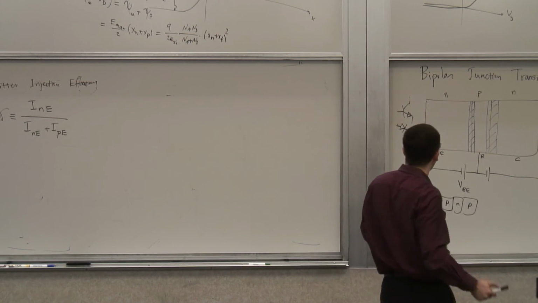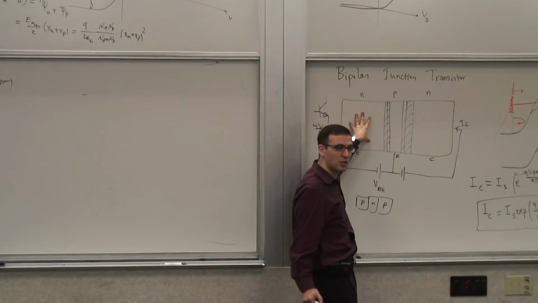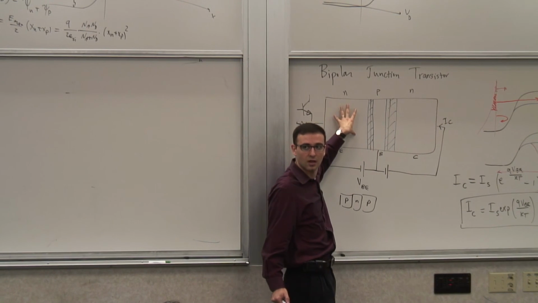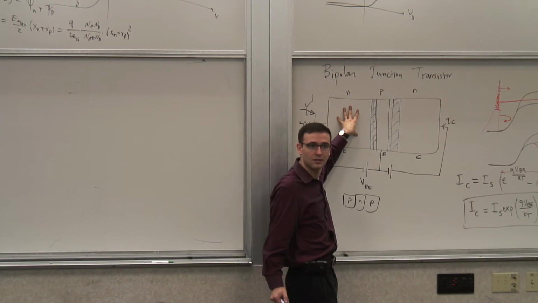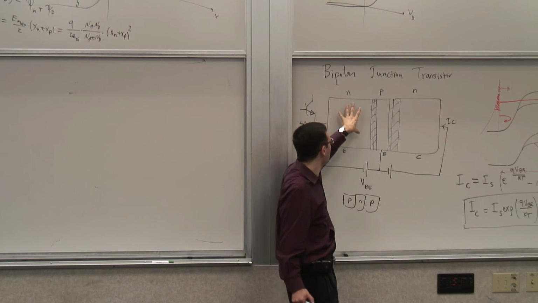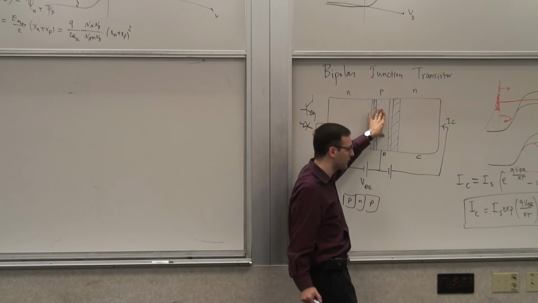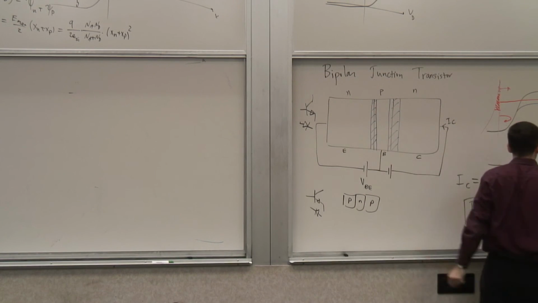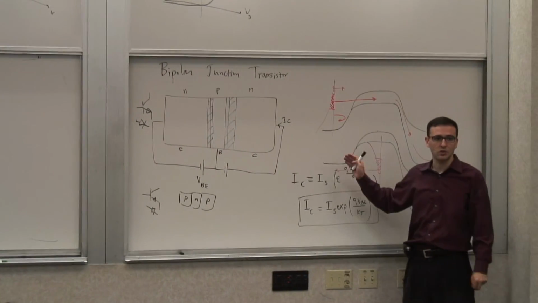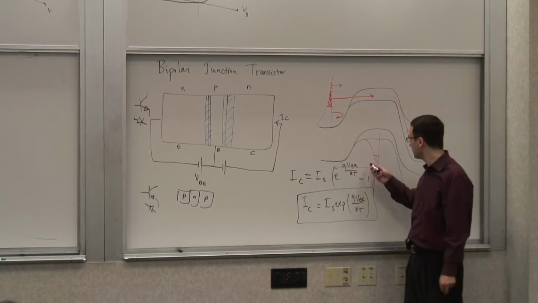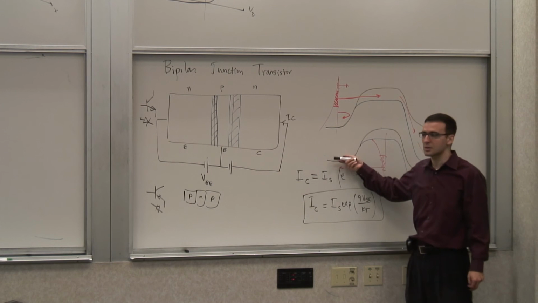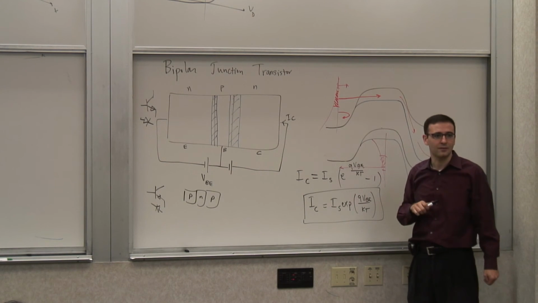One way is to start with a much larger electron concentration to begin with. Right? If I have a lot more electrons on this side and much fewer holes on the other side, yeah, sure, I lower the potential barrier and more of these holes go through, but there are a lot fewer holes on this side that want to go this way than electrons that want to go that way.